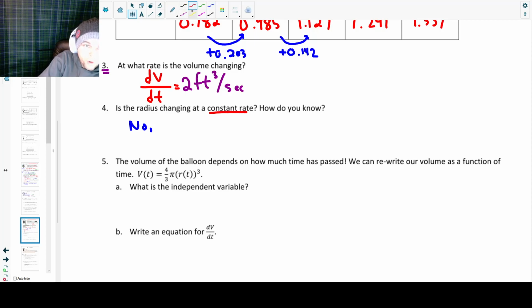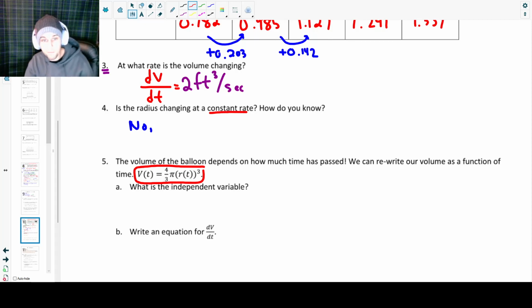So we have this formula: V of t, our volume at time t, is equal to 4/3 pi times the radius at time t cubed. It's really important to note that this radius is not constant, right? It's changing based on how far along in the blowing up process we are. What time are we at?